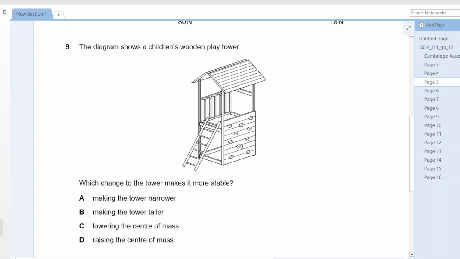Now at question 9, the diagram shows a children's wooden play tower. Which change to the tower makes it more stable?